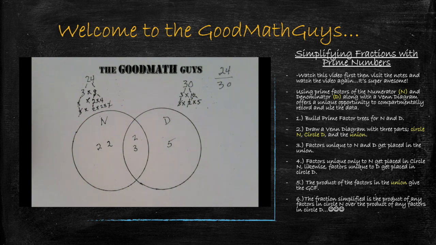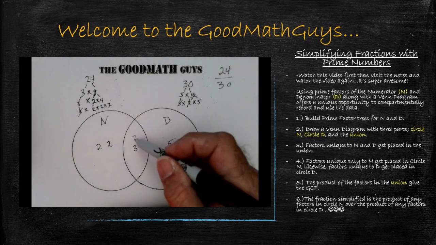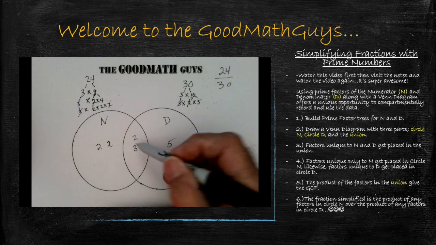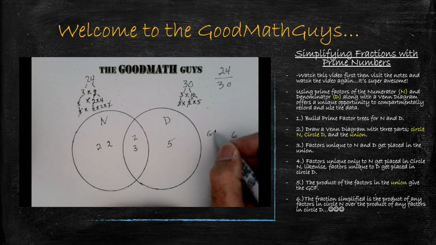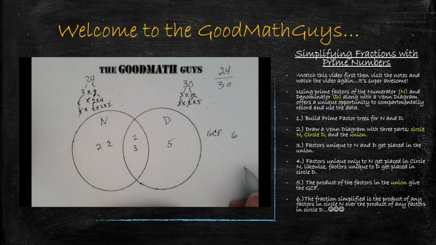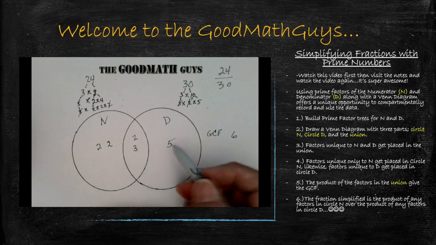All right, now let's see if we can find our greatest common factor. Again, the product of all of the numbers that are in the common area. So in this case, that's 2 times 3 is 6. So we're going to say the GCF is once again a 6. All right, fraction reduced or simplified.